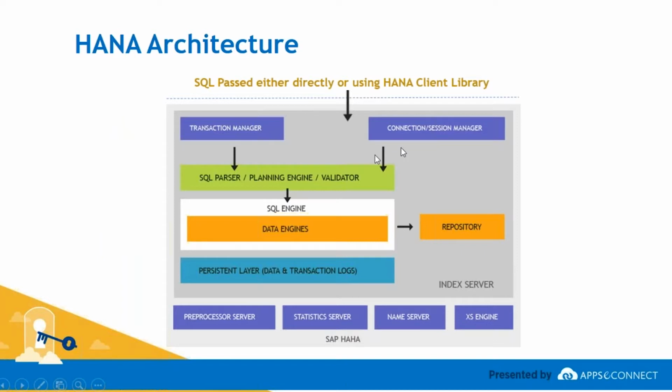When you send a request to SAP HANA, it first hits the HANA distributed environment channel, which in turn sends the request directly to the index server, as shown in the figure. The other servers associated with the HANA engine deal specifically with special use cases, which we will discuss later on.